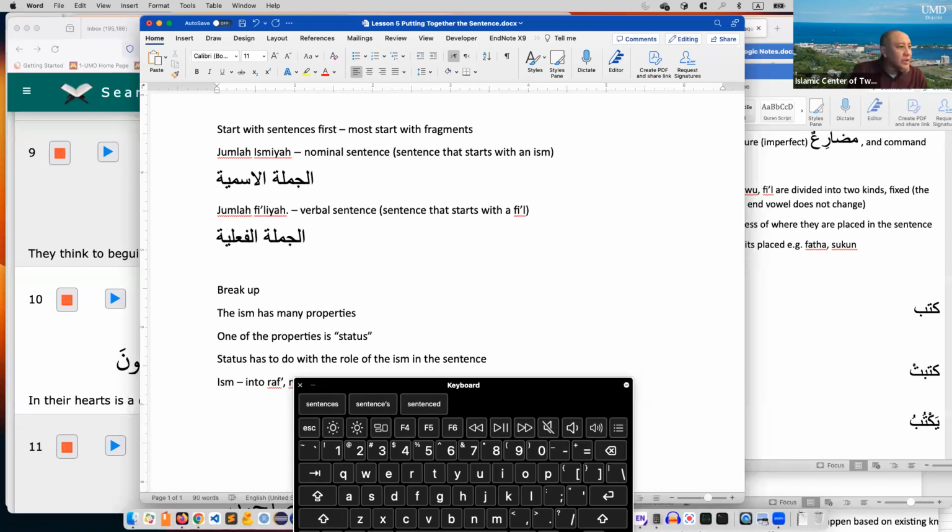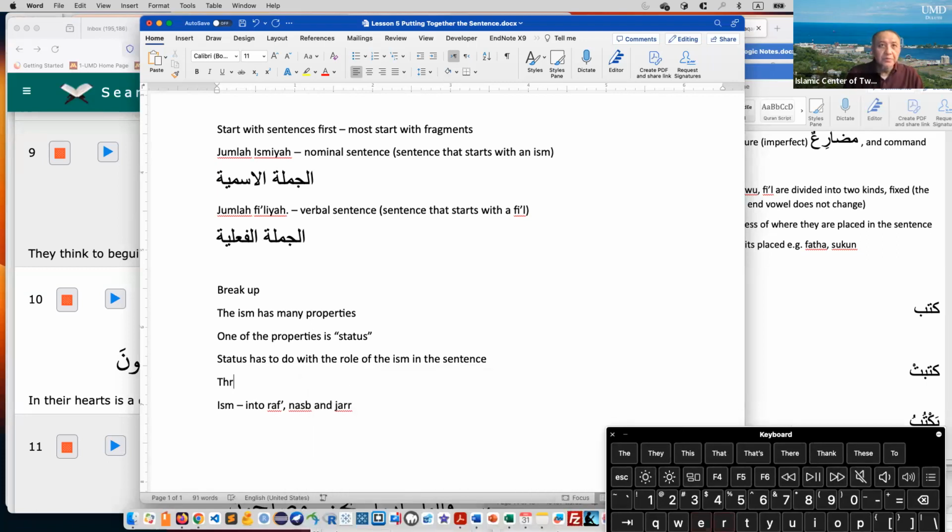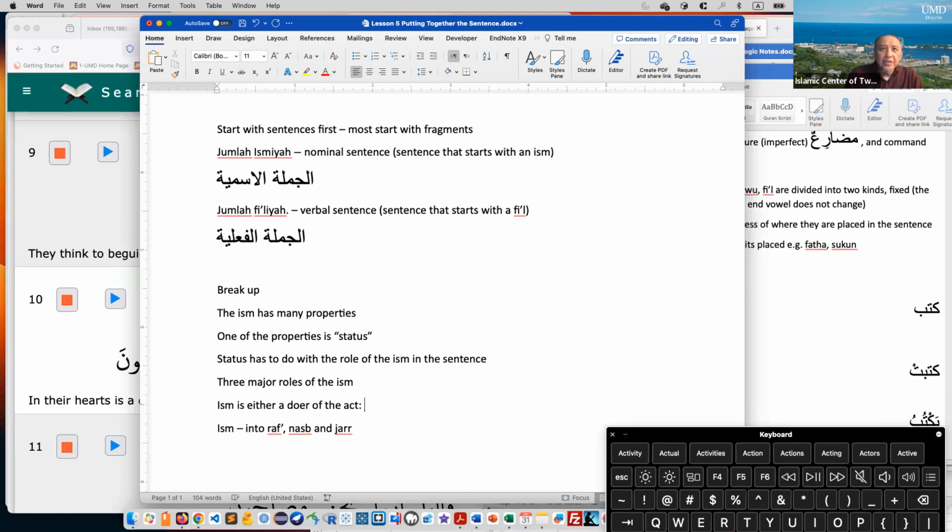There are three major roles of the isim. The isim is either the doer of the act, and that is called the rafa' or raf'un.